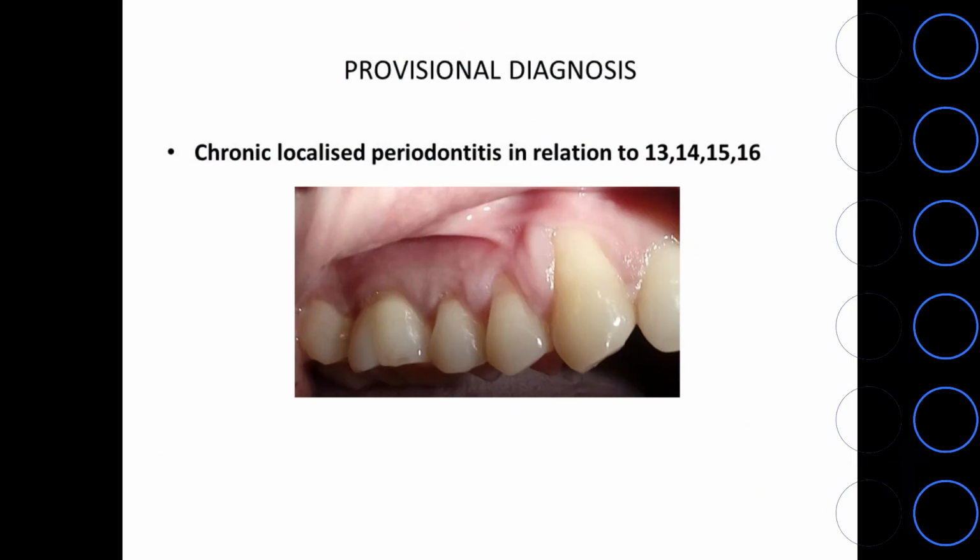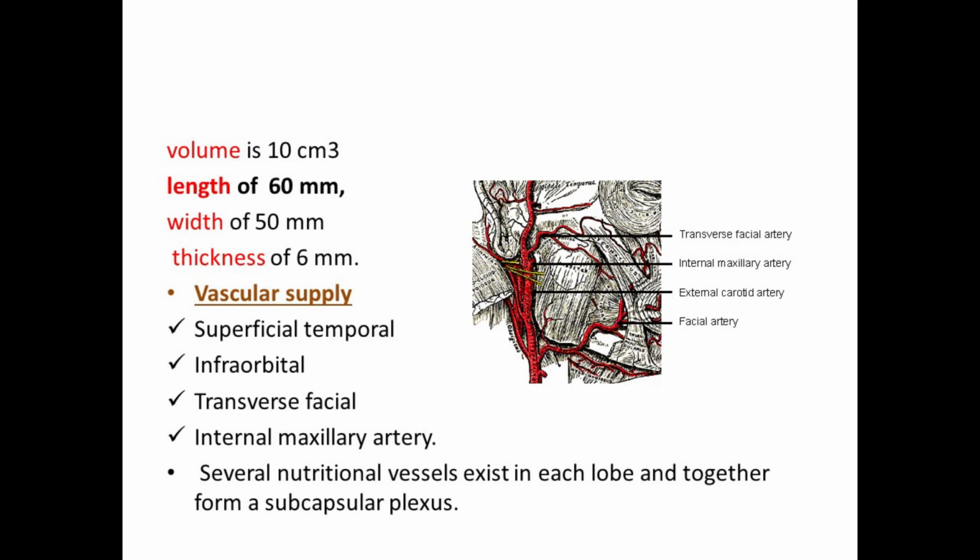Scientific evidence says the volume of the buccal pad of fat is 10 cubic centimeters, length 60 millimeters, width 50 millimeters, and thickness 6 millimeters. Its vascular supply is from the superficial temporal artery, infraorbital artery, and transverse facial artery with the internal maxillary artery. Several nutritional vessels exist in this lobe and together form a subcapsular plexus.